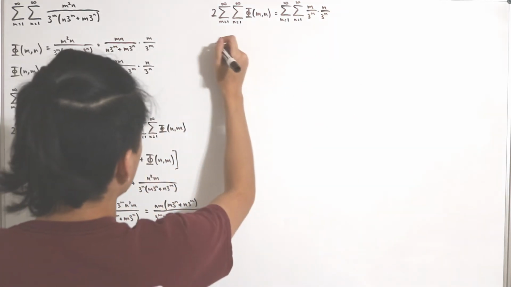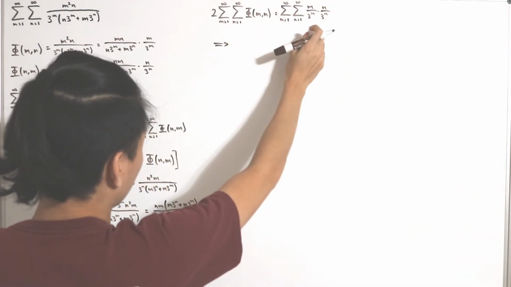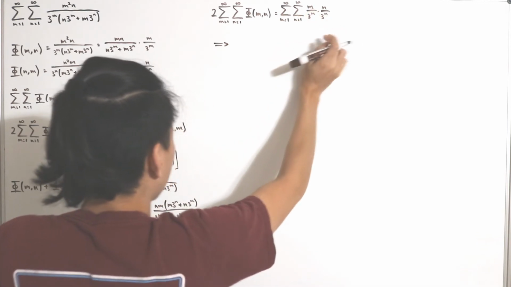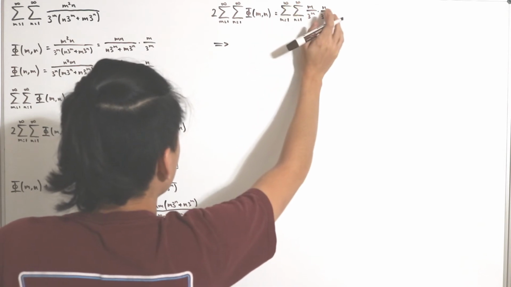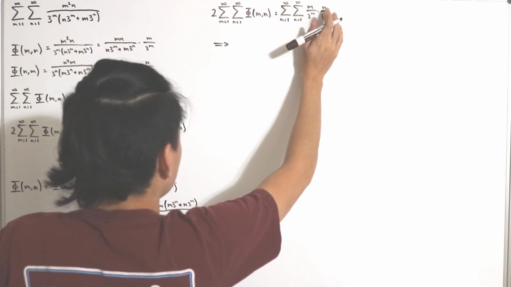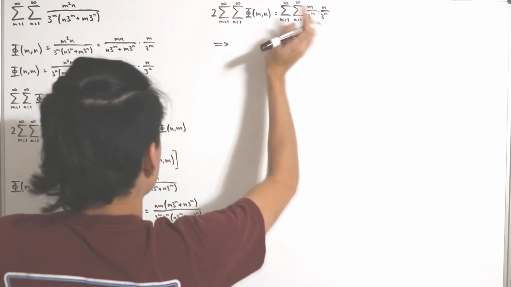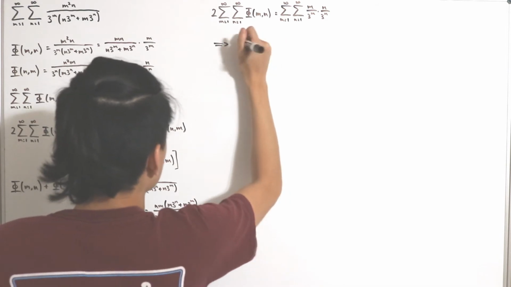And then now what I can do is I can actually separate or move our functions, m over 3^m, to coincide with our series index from m is equal to 1 to infinity, and then move our n divided by 3 to the power n to coincide with this summation index from n is equal to 1 to infinity, and then just multiply those products of the series together.